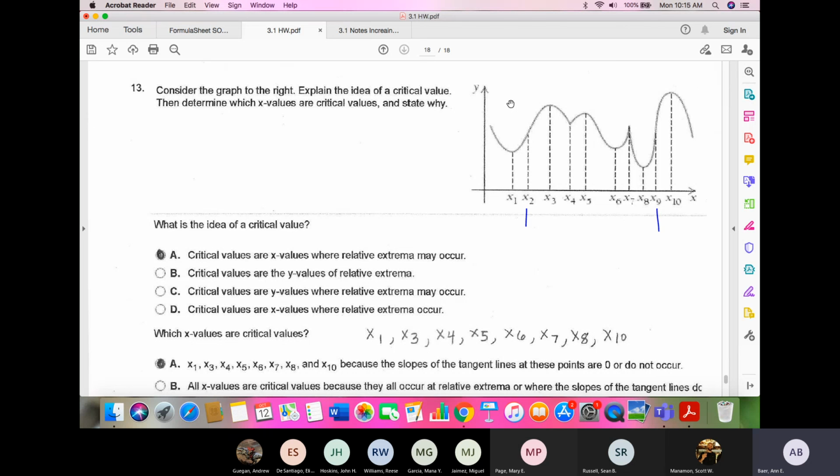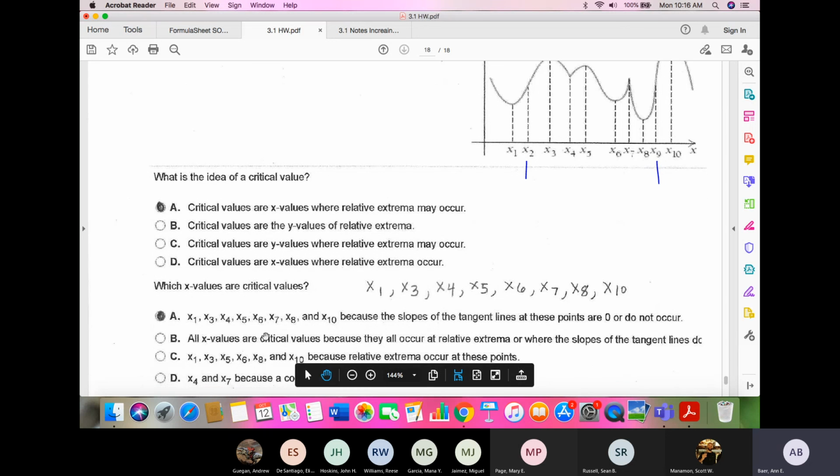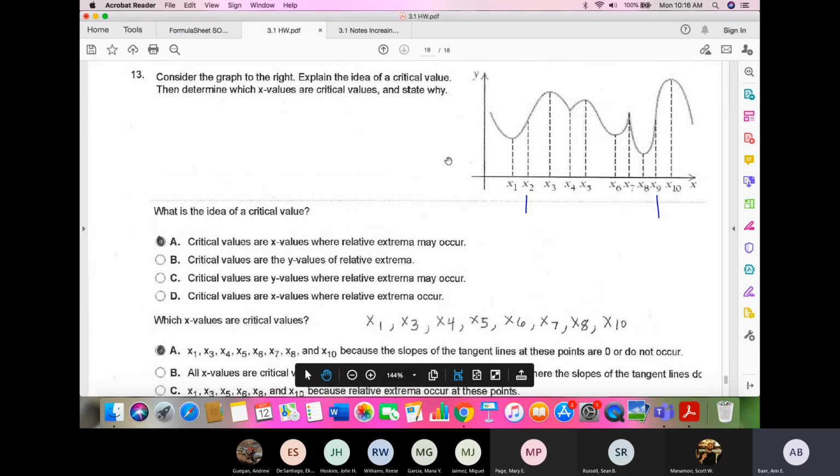So you want to just state right here in part A all of the x's here that are associated with a relative extreme point. In other words, there's a place where it changes from increasing to decreasing or decreasing to increasing.